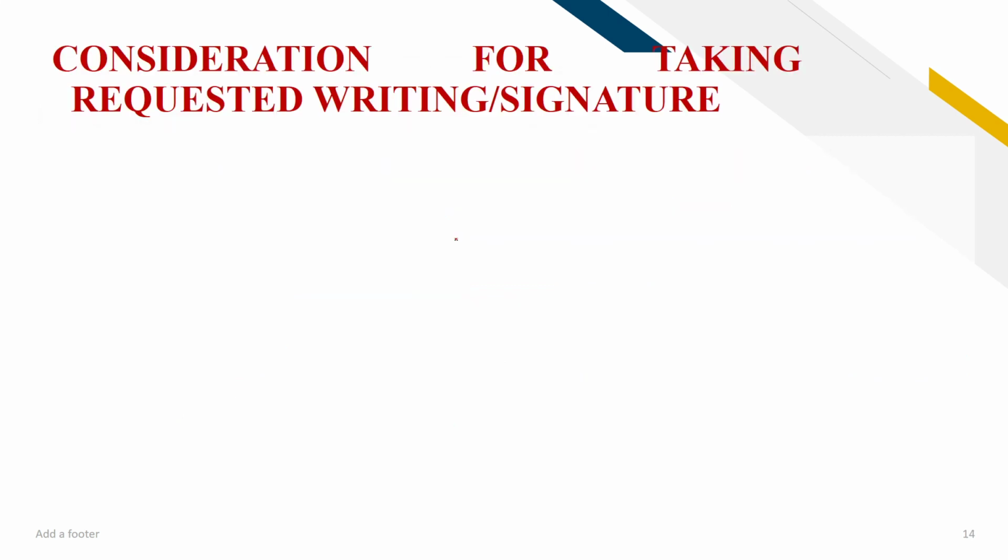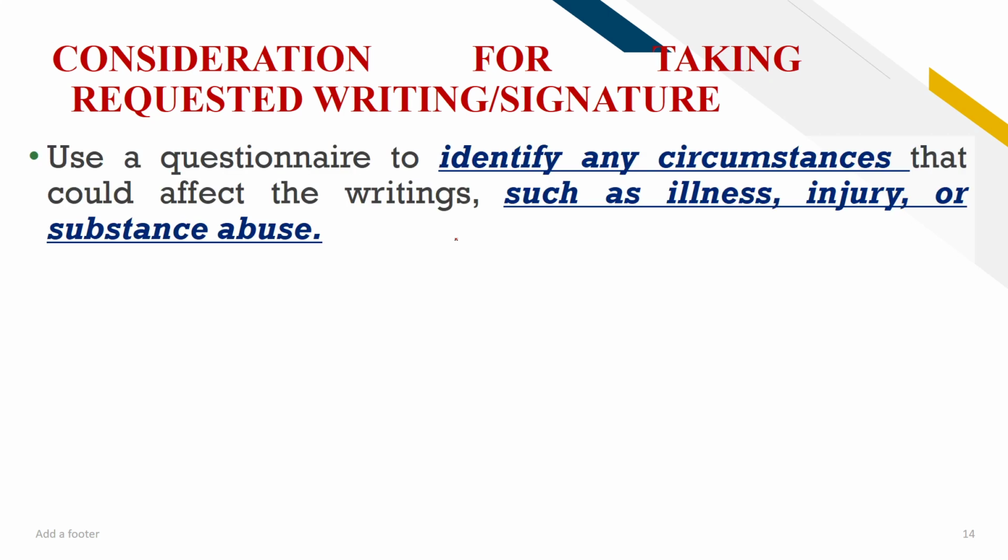So let's go with the consideration on obtaining or the consideration for taking the requested signatures or writings if it is a writing. First is the use of questionnaire. Take note, wag mong i-dictate sa kanya yung words or writings that was exactly the same doon sa question document.